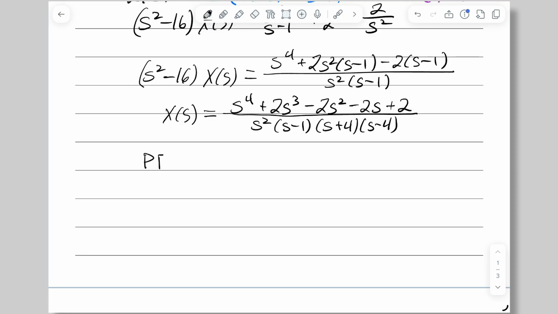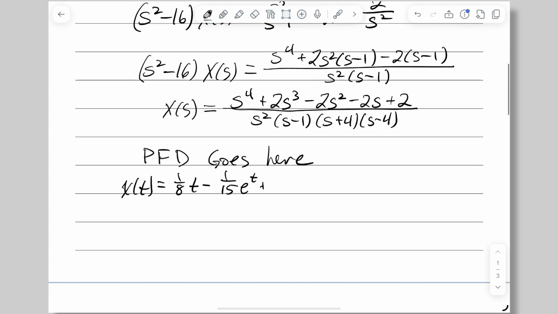After performing partial fraction decomposition, we get that x(t) is equal to 1/8 t minus 1/15 e to the t plus 173 over 192 e to the 4t plus 53 over 320 e to the negative 4t.